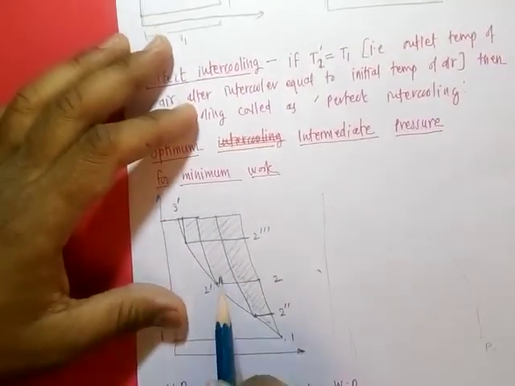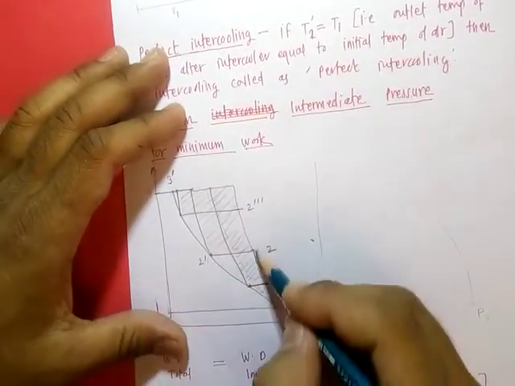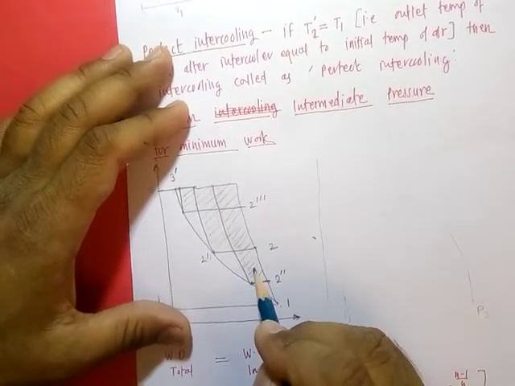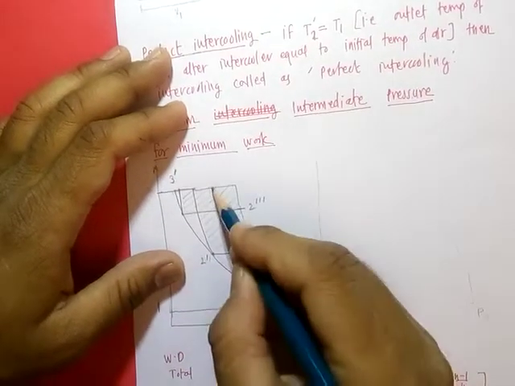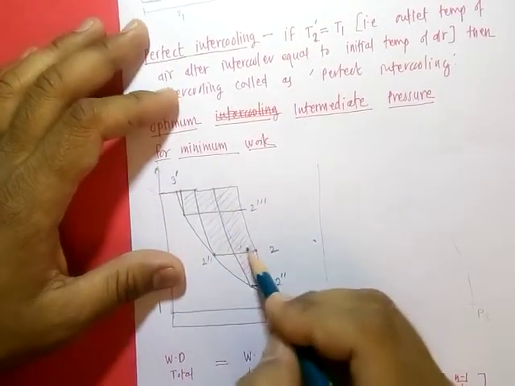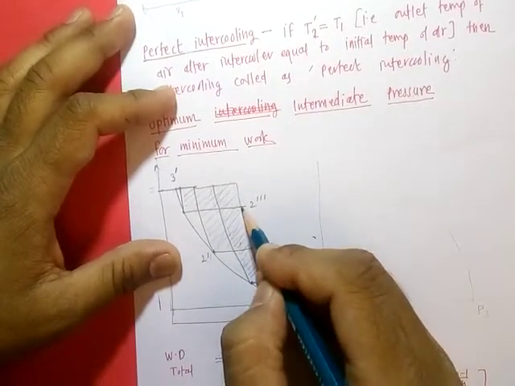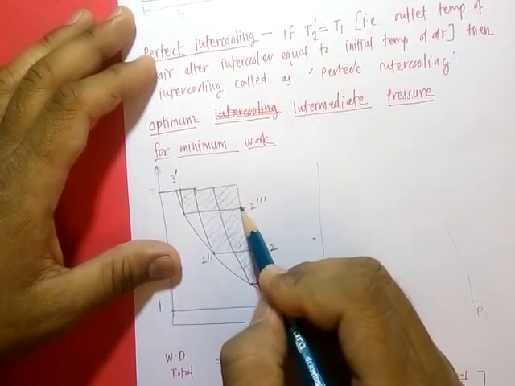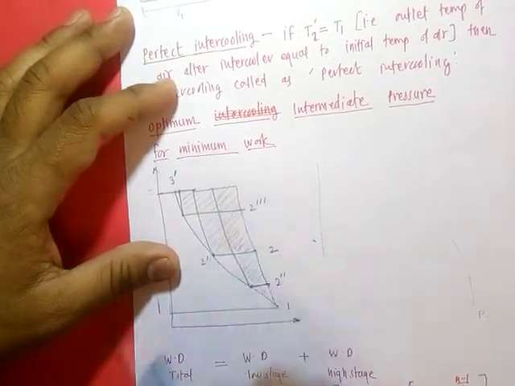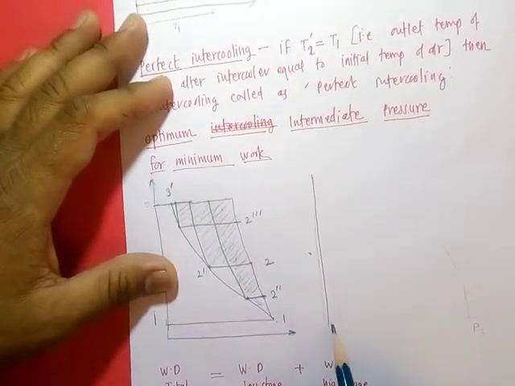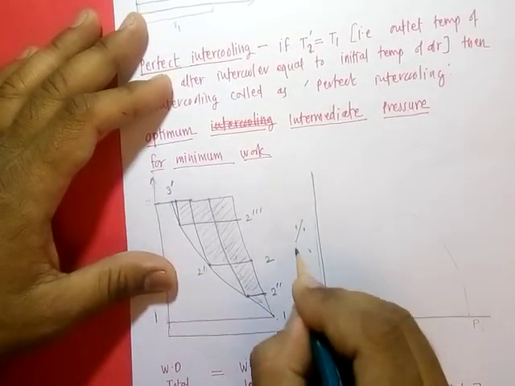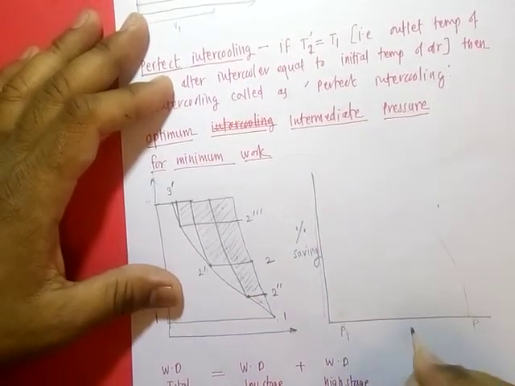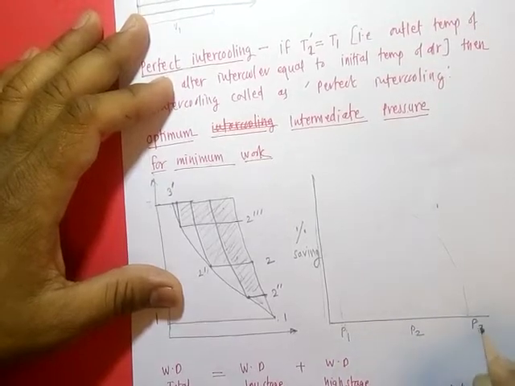So from this we can conclude that when the intermediate pressure ratio is low, the work saving is less. As we increase the pressure ratio, we get maximum work saving, and if we increase the pressure ratio more, then again the work saving is less. So if we draw a curve of percentage of work saving against pressure ratio, this is P1, this is P3.